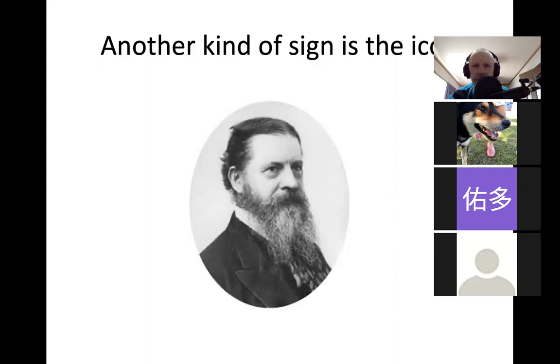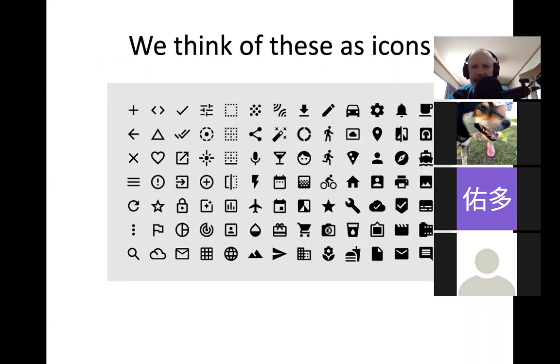Let's have a think about this. What is an icon? We think of these kinds of things as icons, these little funny signs on our computer screen. We use icon in a very general way, particularly when it comes to computers. All these funny little signs, we call them icons.